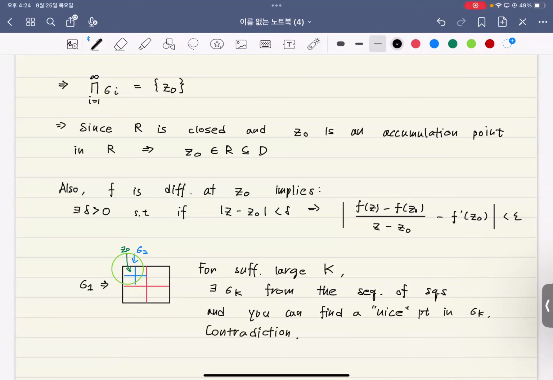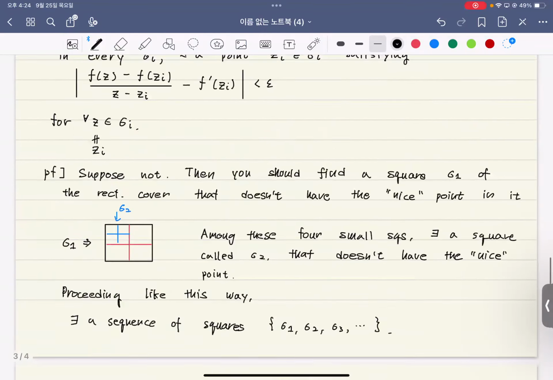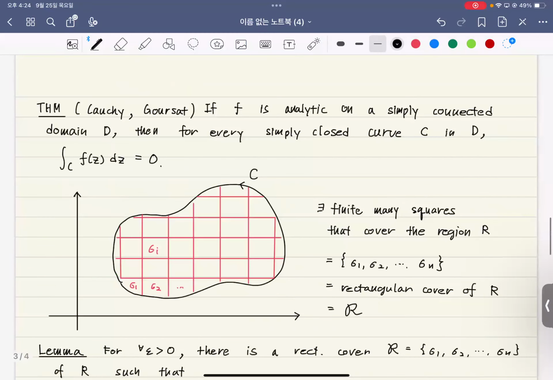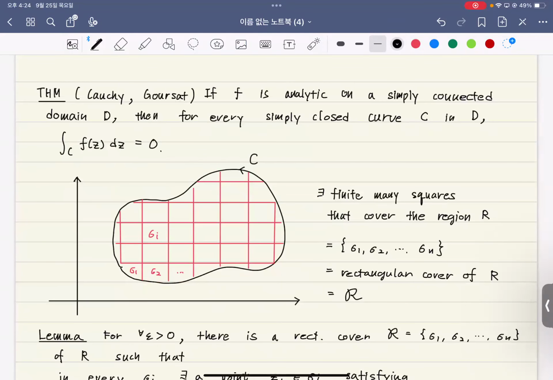All right, great. Finally, the proof is done, and now I'm ready to give you the proof of the Cauchy-Goursat theorem.